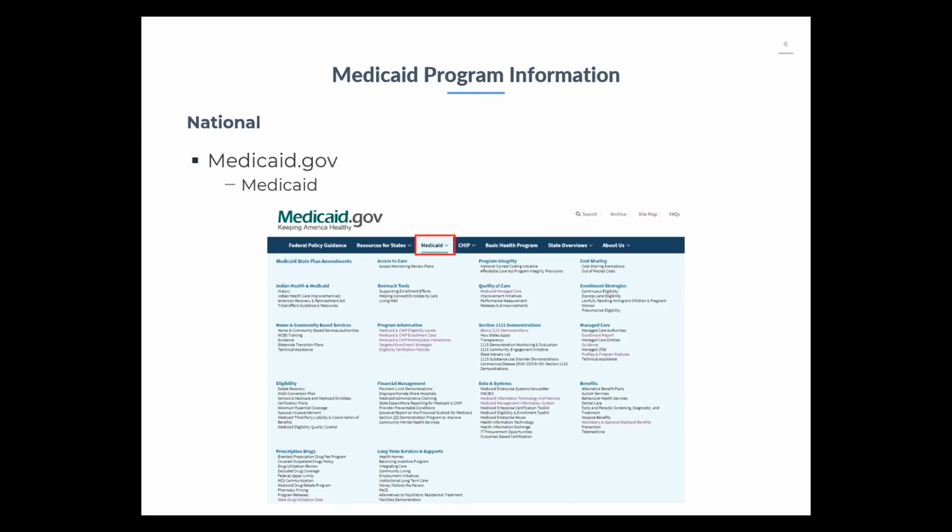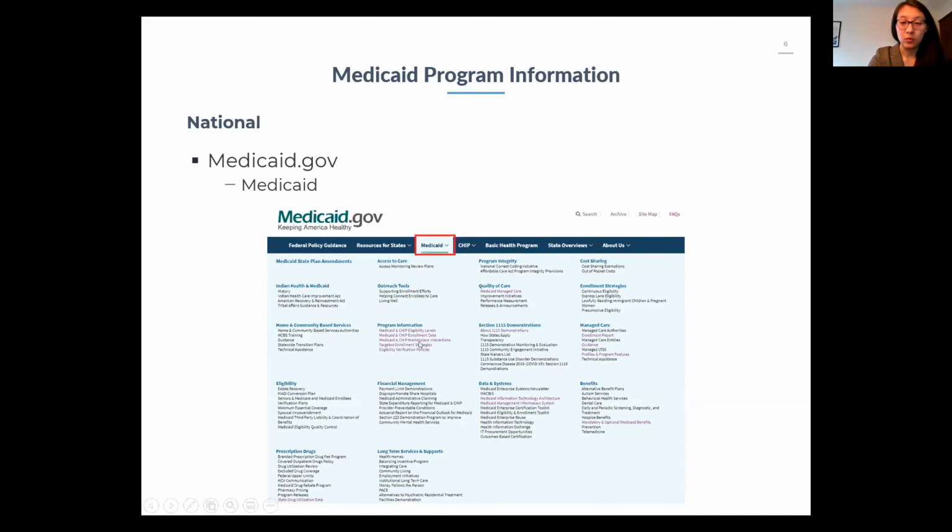I want to draw your attention to just a couple other resources on the Medicaid tab. Under program information, you can get eligibility levels. And I think earlier there was a question about CHIP eligibility. There's actually a table with all states, different eligibility categories and income standards for those eligibility categories posted here.